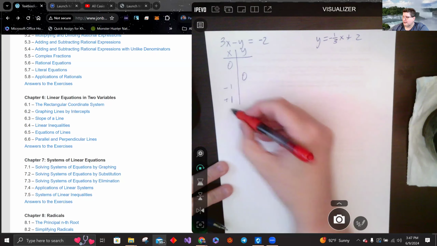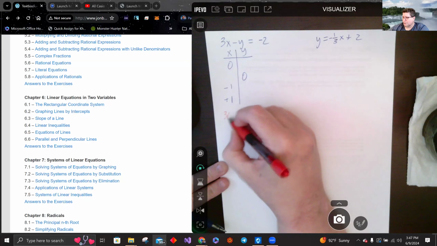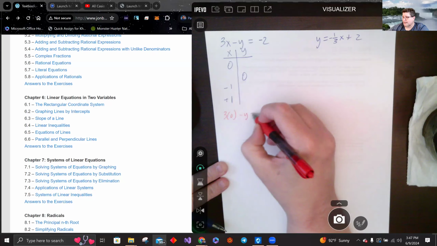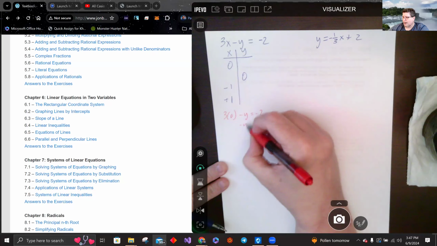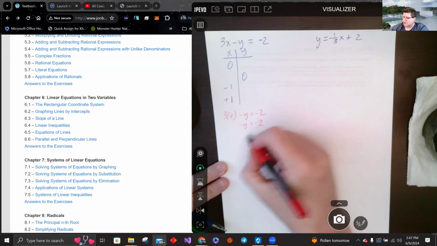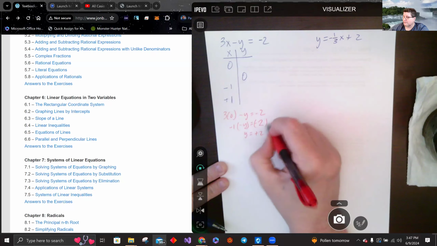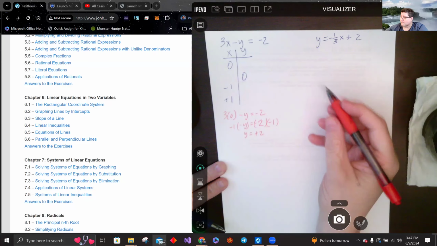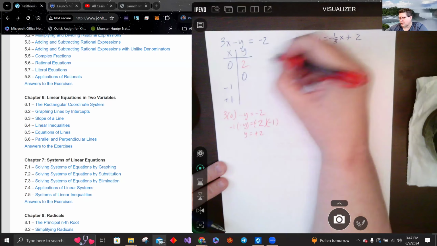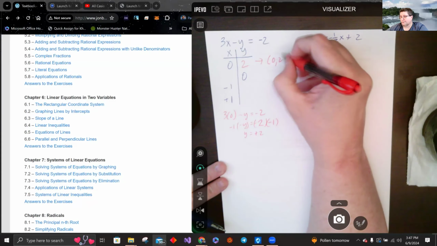So if I plug in 0, 3 times 0 minus y equals -2, so -y equals -2. So y equals +2 when I multiply both sides by -1. That gives me the ordered pair (0, 2).